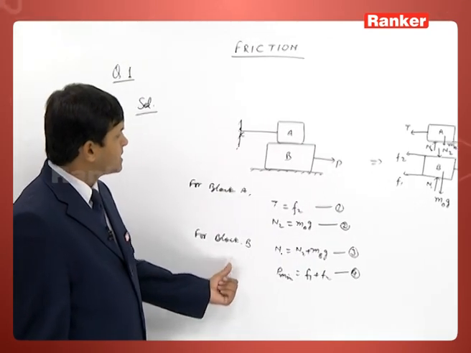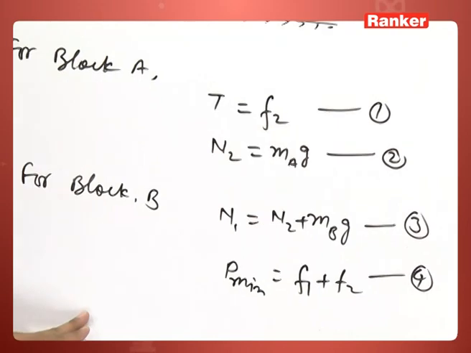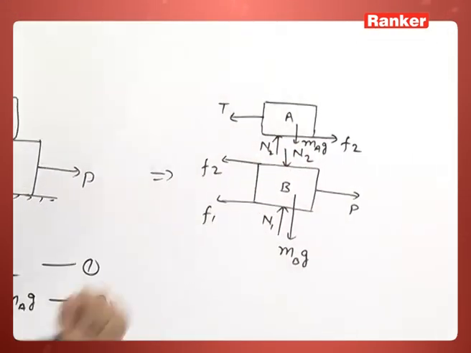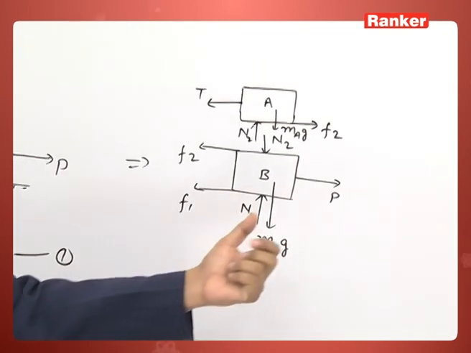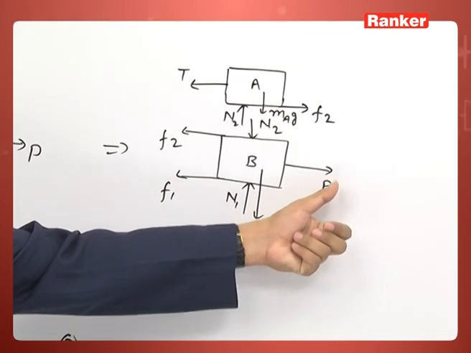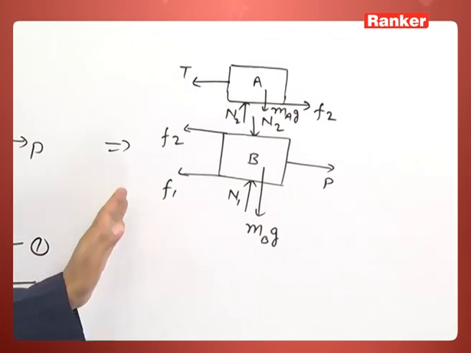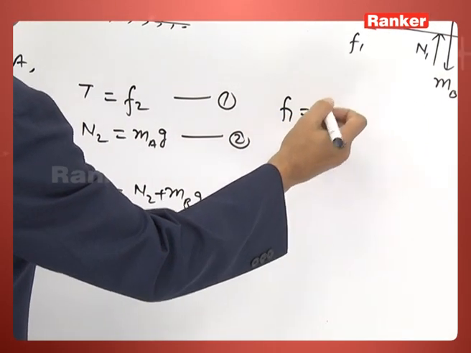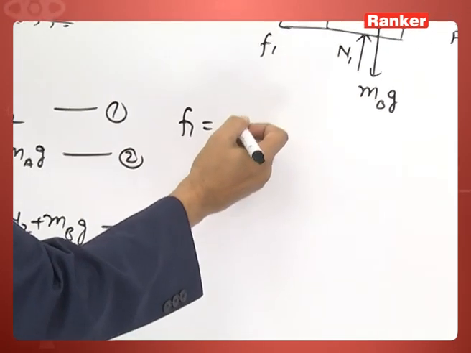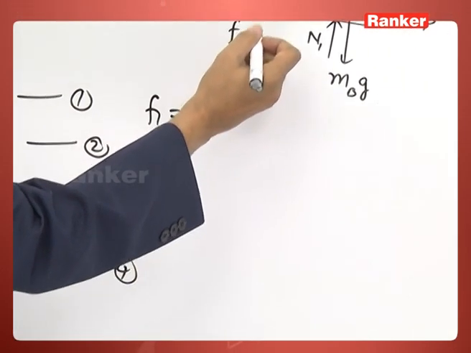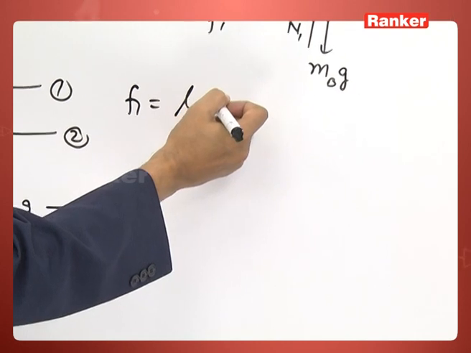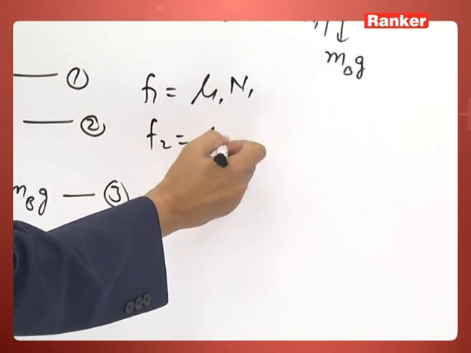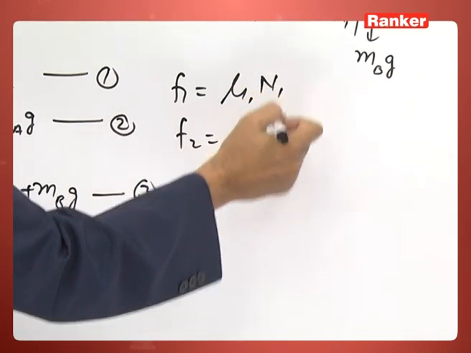And since, important point here, since F1 and F2 are the maximum values needed, or P is the minimum force to accelerate the block B, the F1 value must be equal to mu 1 into N1 and F2 is mu 2 into N2.